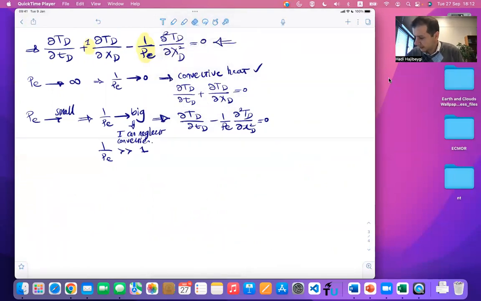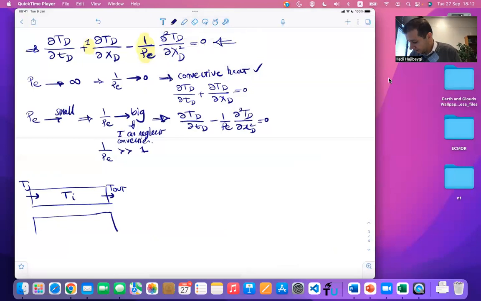So I have a horizontal porous system, and I know that I am injecting Tj, I am producing Ti or T out, and initially it was Ti. Dimensionless, I am injecting T dimensionless 1. Initially, my temperature was 0, and I'm getting some dimensionless temperature out. The length of it was L, and the dimensionless length of it was XD, which is 1.